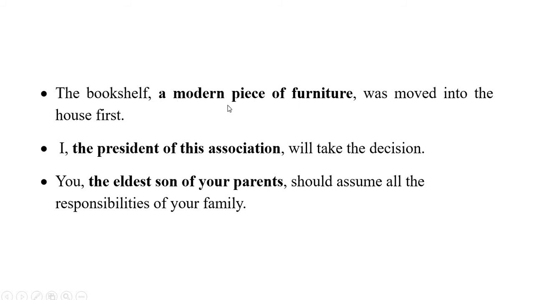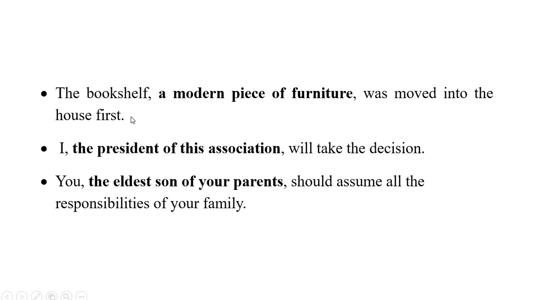So here, instead of 'is a modern piece of furniture', the 'is' is deleted, and instead of 'is' you have the two commas here. This function of the appositive, you can just go without it. I mean, if you just say the bookshelf was moved into the house first, is your sentence complete? Does it make sense?